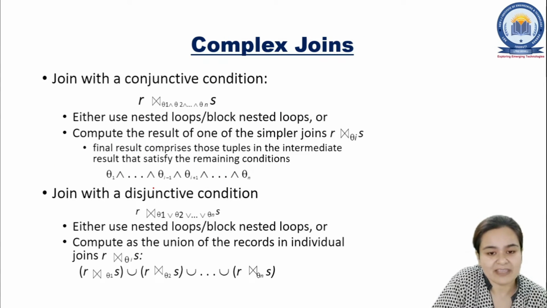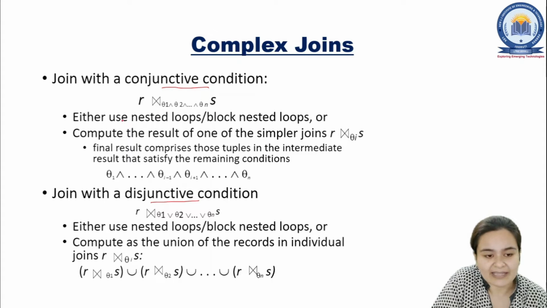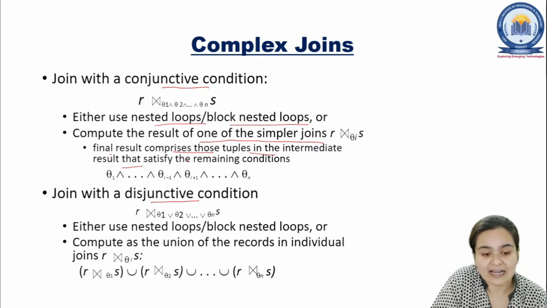Now let's see what we have to do if there are complex joins. We can have conjunctive conditions or disjunctive conditions. Either we can use the nested loop or block nested loop join, or we can compute the result of one simpler join over these join values. The final result should comprise those tuples in the intermediate results that satisfy the remaining conditions.